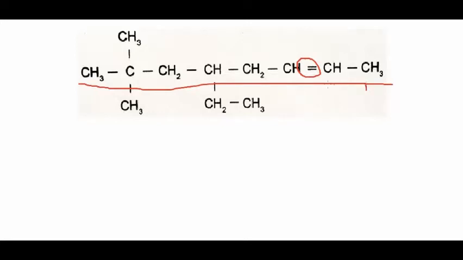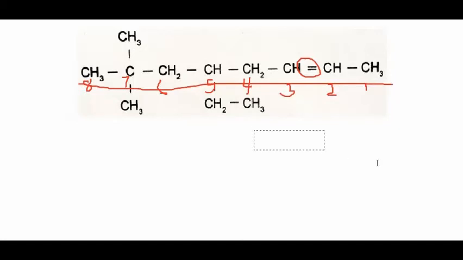So, this is number 1, 2, 3, 4, 5, 6, 7, 8. So, we have the parent chain which has 8 carbons. Next, number 3 is name the parent chain indicating the lower number of the carbon atom containing the double bond.